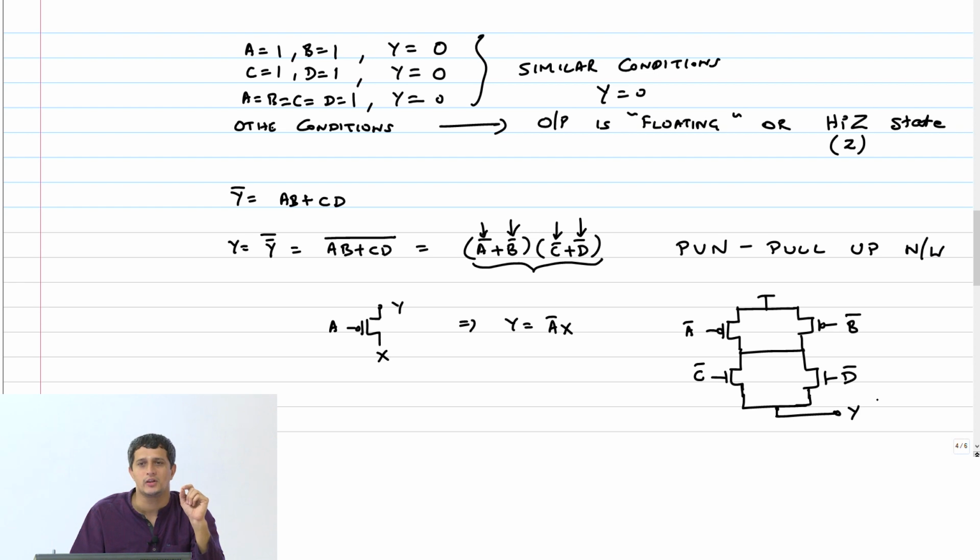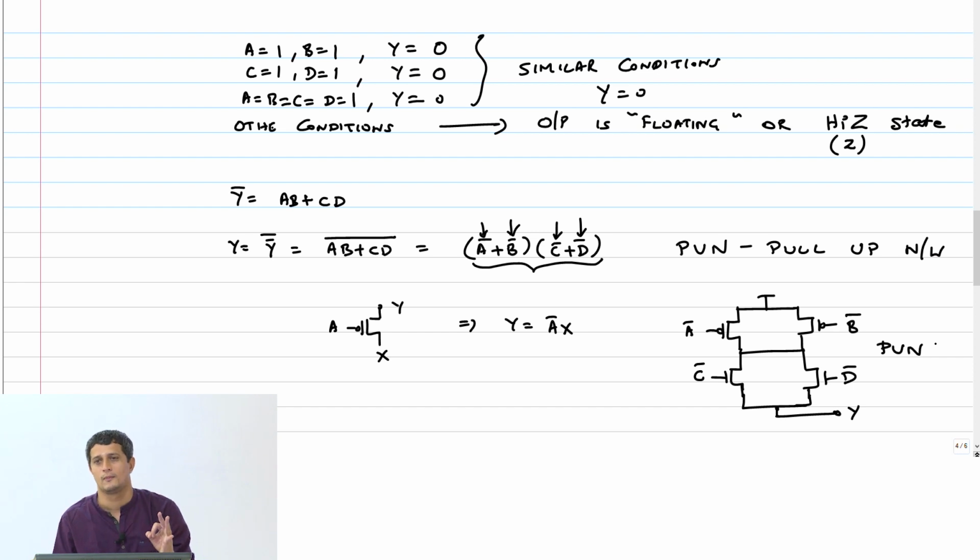So again here the output Y, when the input combinations allow a path to VDD, right, which could basically be through any of these combinations, the complementary combinations of when it would go to 0, the output Y would go to 1, and otherwise it would be in high impedance, because I have not yet connected the pull down network here. I have just connected a pull up network to VDD. So in the other conditions, the output will float. Okay.